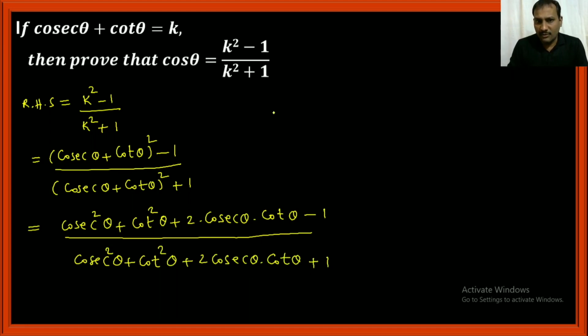Now it will become, so cosecant square theta minus 1. What is cosecant square theta minus 1? From the identities, that is cot square theta.